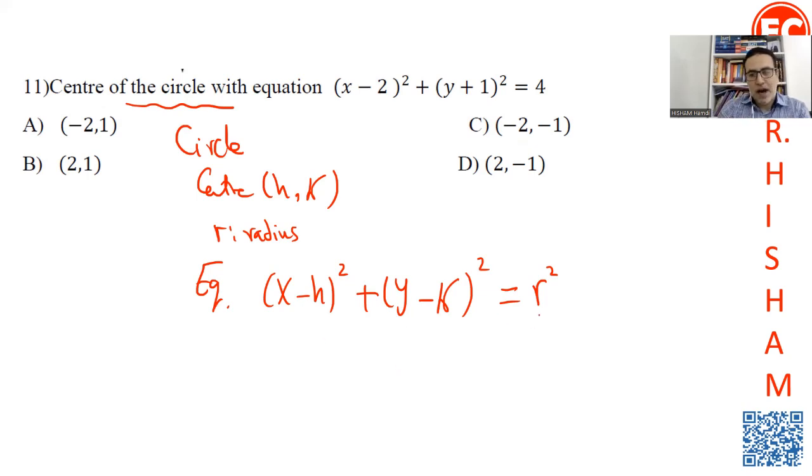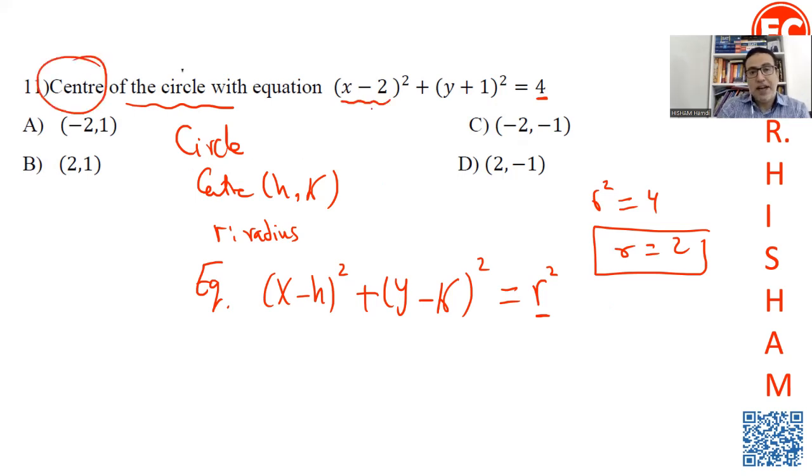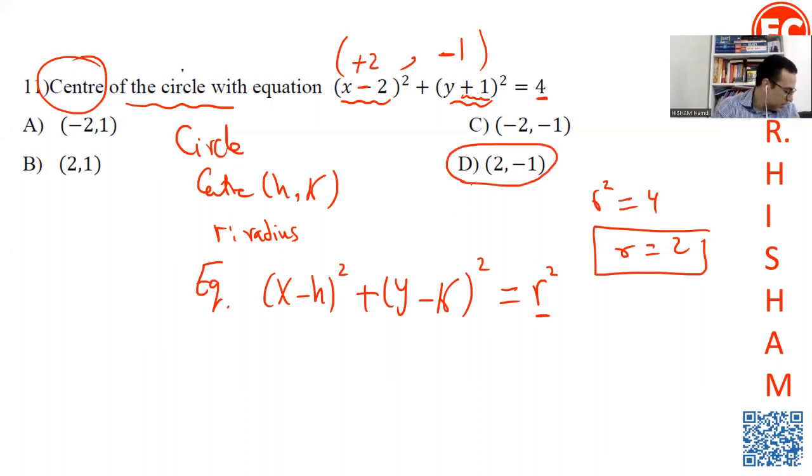You will find that r squared is equal to 4. So in case he asks for the radius, it will be 2. In case he is asking about the center, you change the sign of the values inside the brackets. This value is minus 2, so change it to positive 2. And this value is positive 1, change it to negative 1. So the center is 2 and negative 1. So the answer is D.